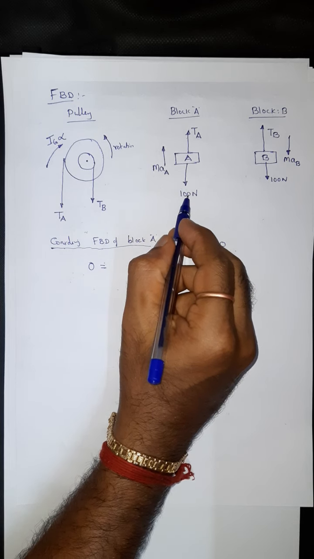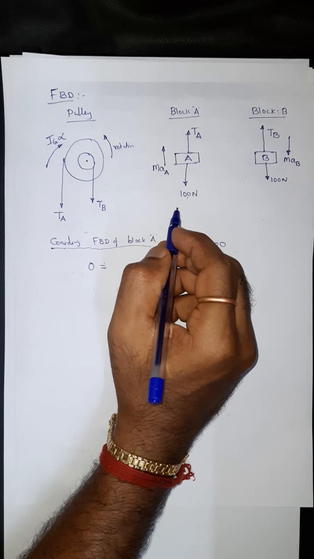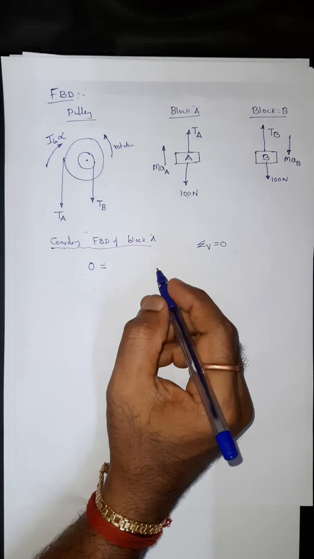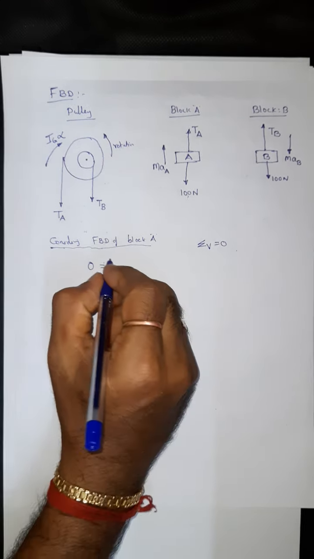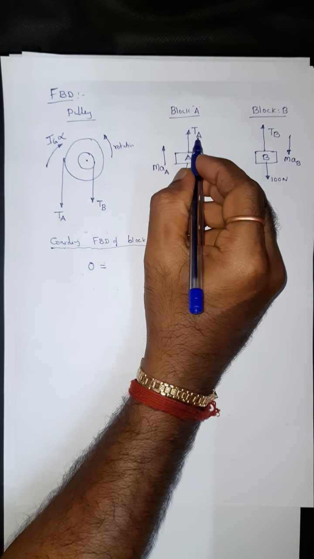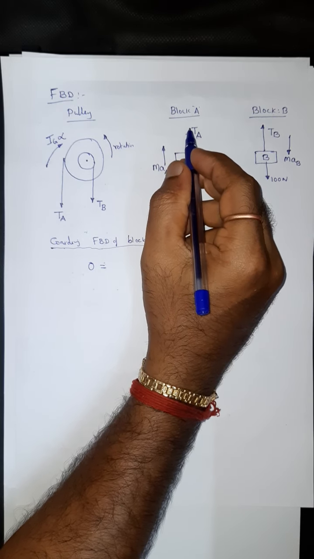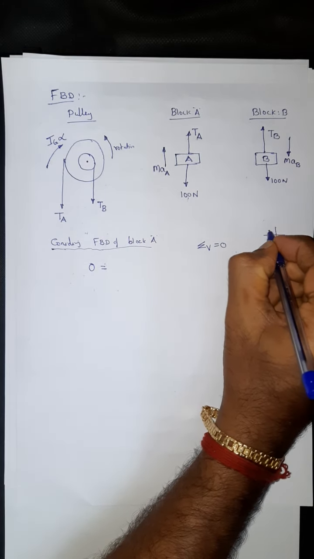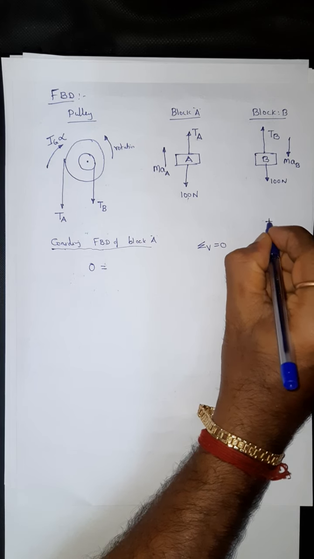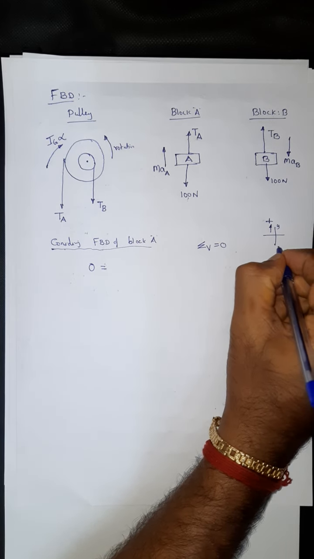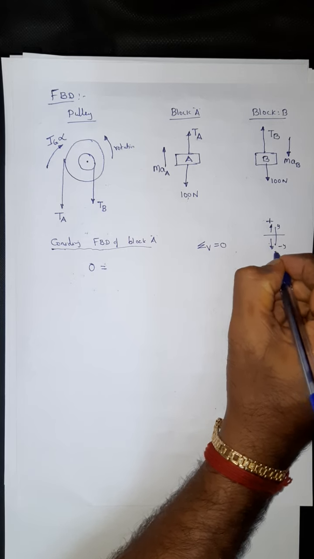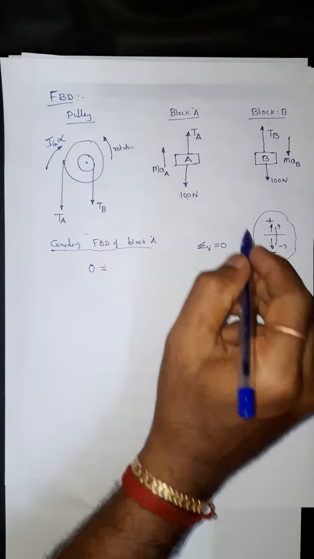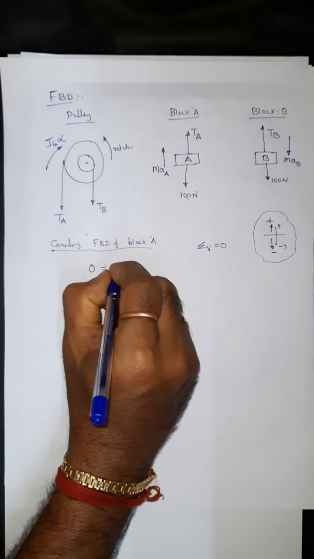Usually we take vertically upwards as positive, this is the y direction, and vertically downwards as negative. Remember this.